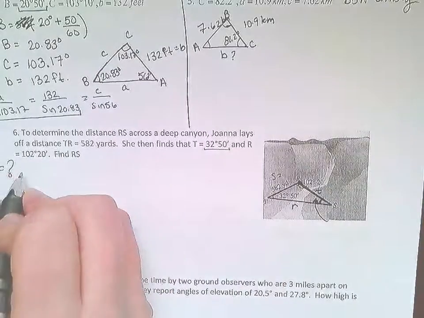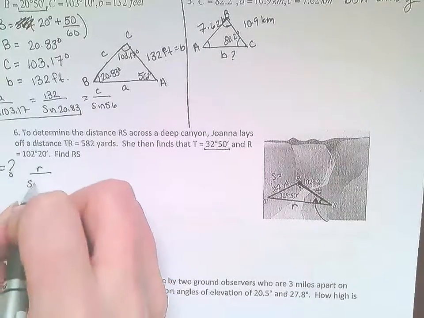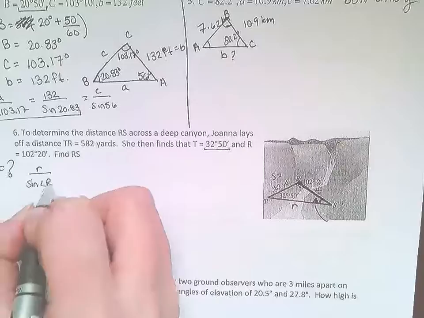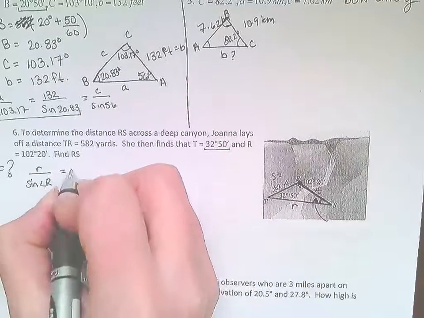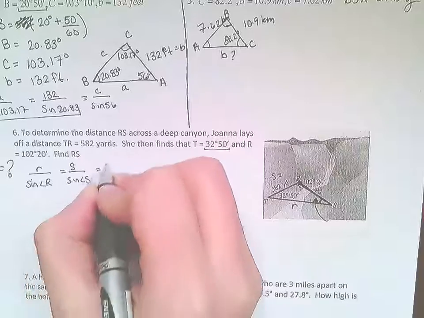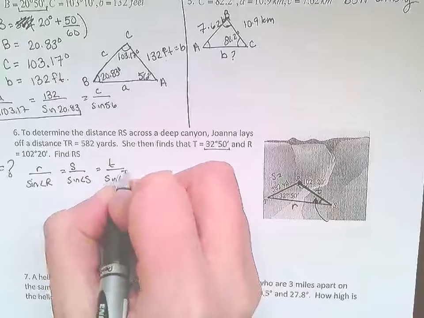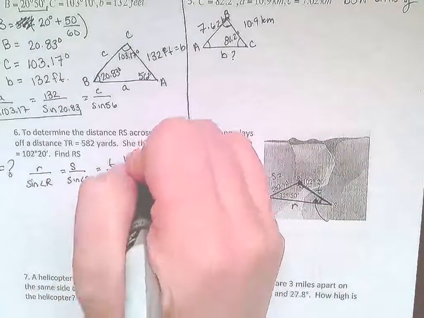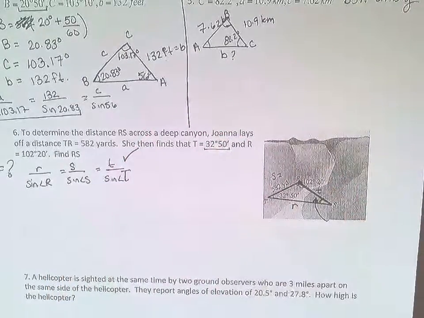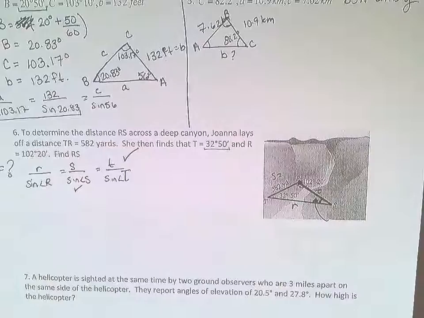Okay, so I'm going to plug this in. I'm going to do R over sine of angle R equals S over sine of angle S equals T over sine of angle T. I'm basically going to be using this ratio, and you'll see why in a second.